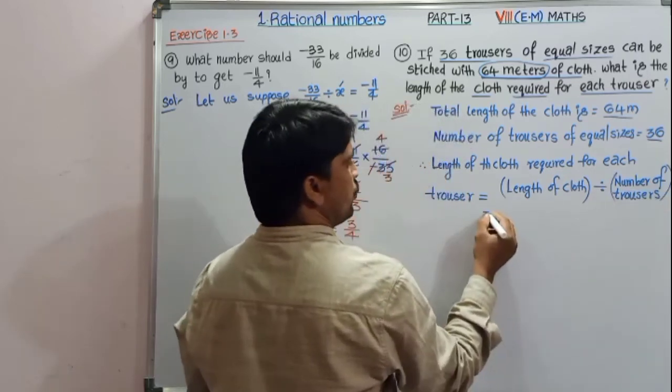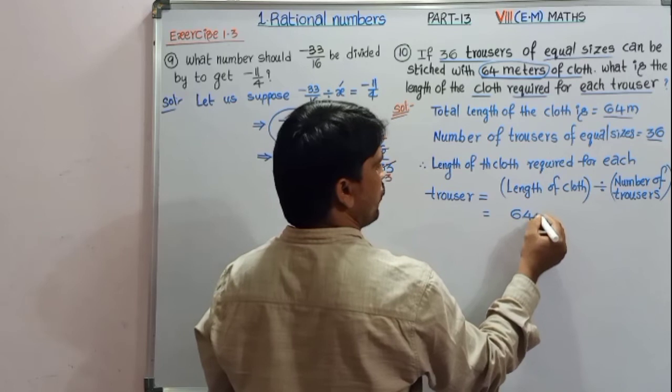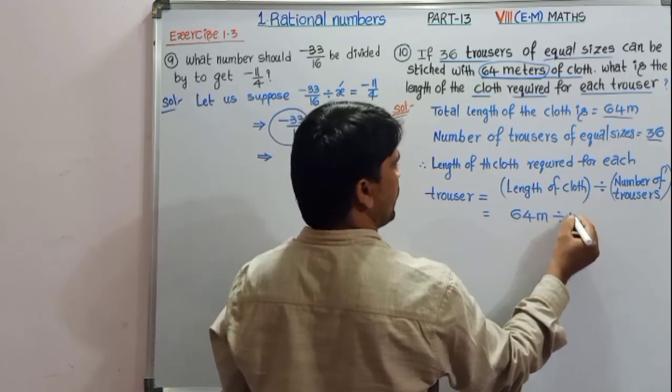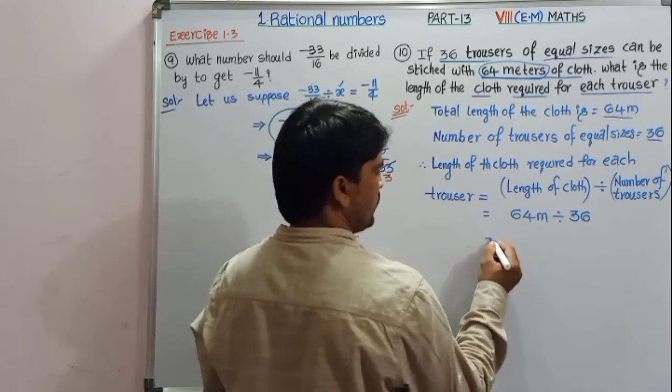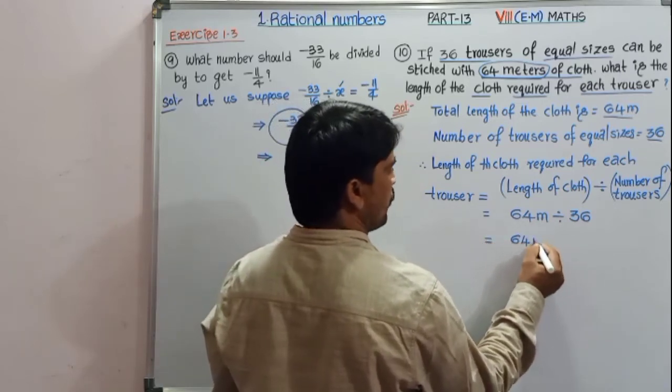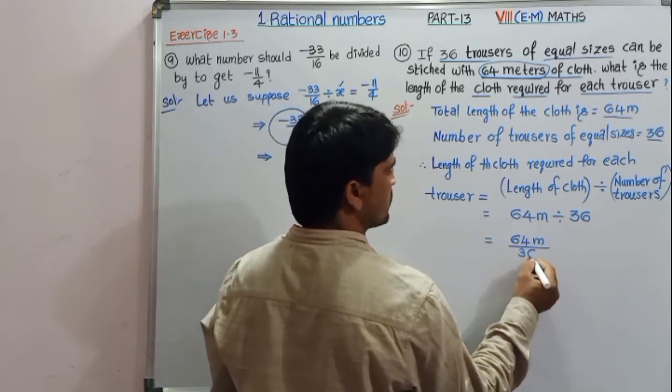Total length of the cloth is 64 meter divided by the number of trousers of equal sizes, which are 36. That is 64 meter by 36.